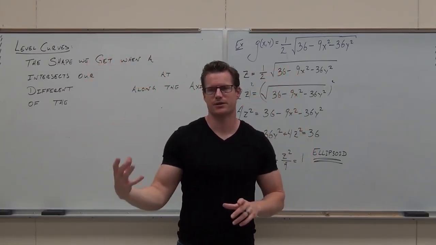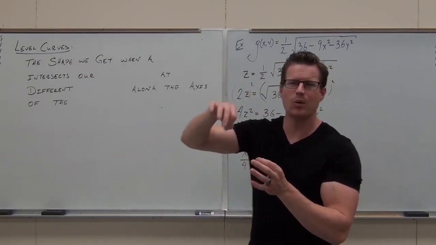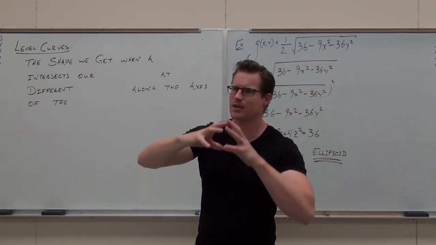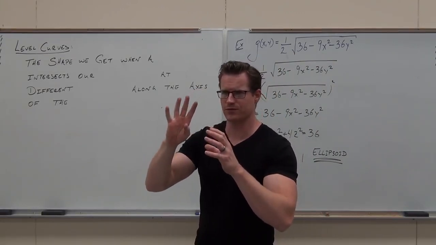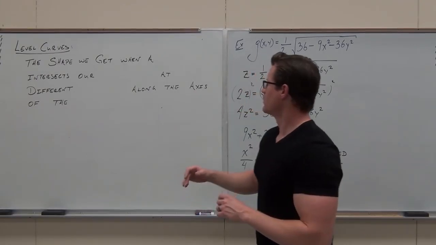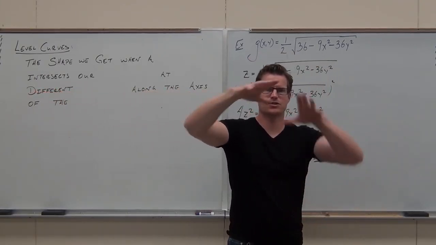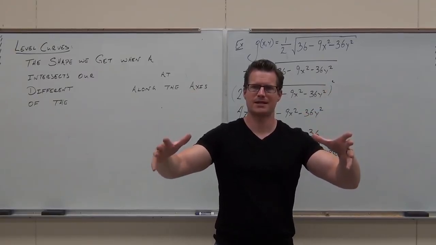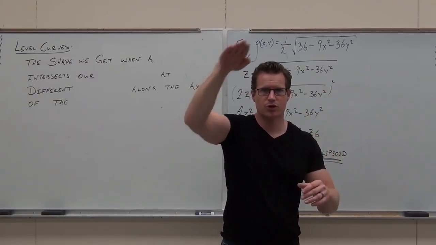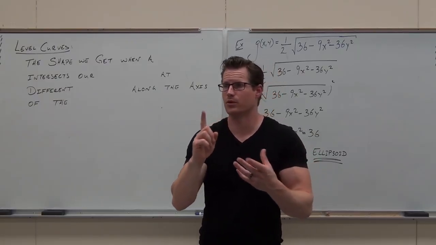What a level curve is, it says the shape, this is the shape that we get, this outline. It doesn't have to be an outline, it can be in 3D if we're taking a level curve of a 4-dimensional figure, but it's this outline, the shape that we get when a plane intersects our surface at different levels along our dependent variable, which we consider to be z for 3D.